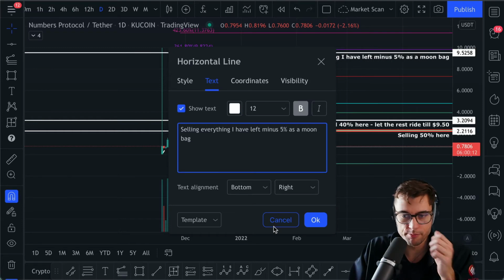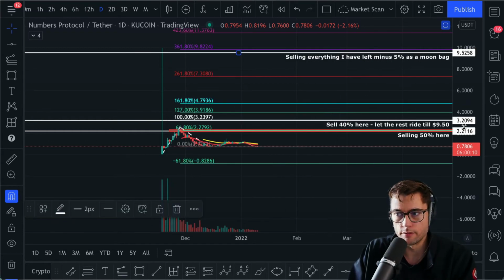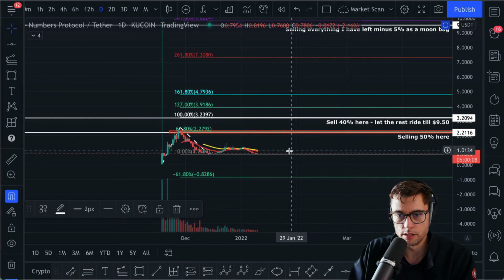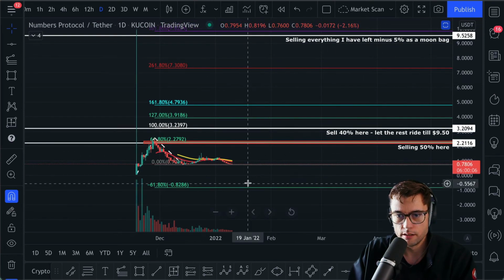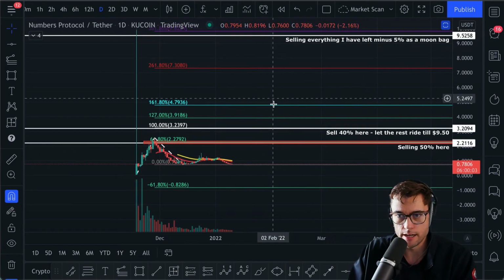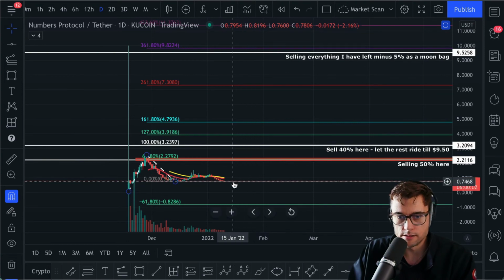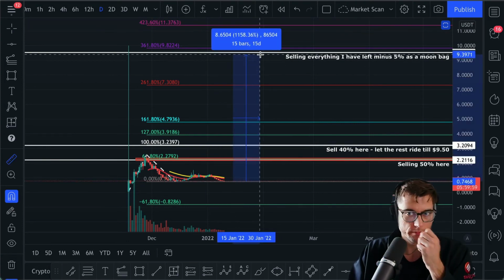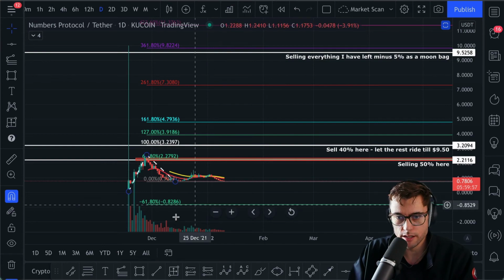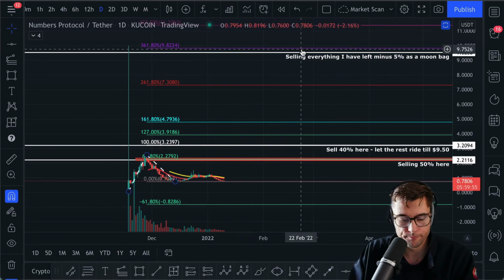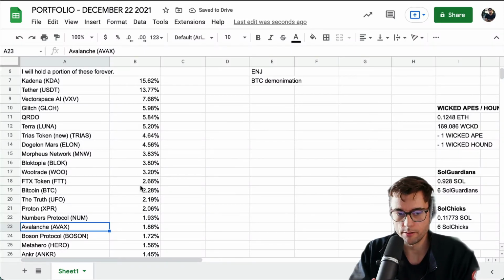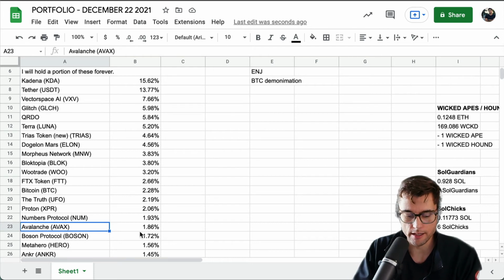So I'll keep 5% of this as a moon bag if it ever reaches 9.5, which would be pretty damn amazing, because from $1, that's a 9x, and it's under $1. So fingers crossed, next bull cycle, this will pump up. All right, so now we got Numbers done. Let's move on to AVAX, very popular coin.